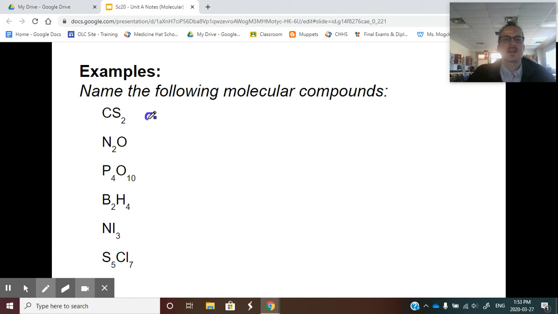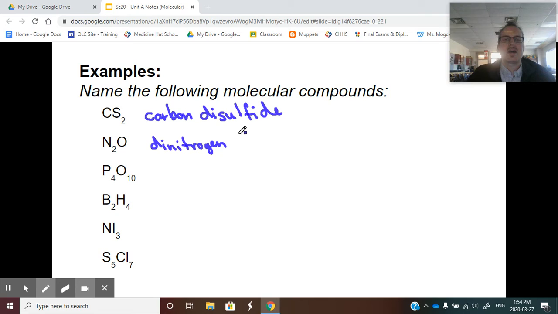1 carbon, this is going to be carbon. And then we have 2 sulfurs, so this is di, and remember to change the ending to IDE, so this is disulfide. We have 2 nitrogens, so this is dinitrogen.